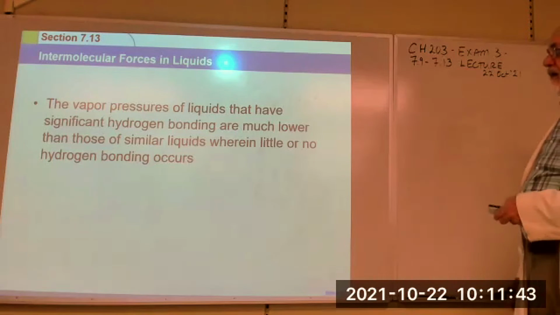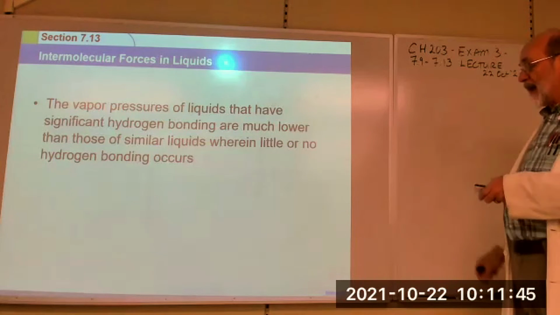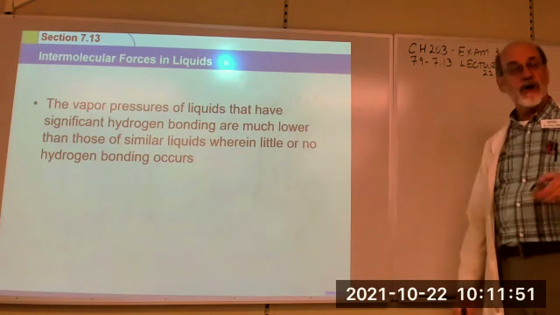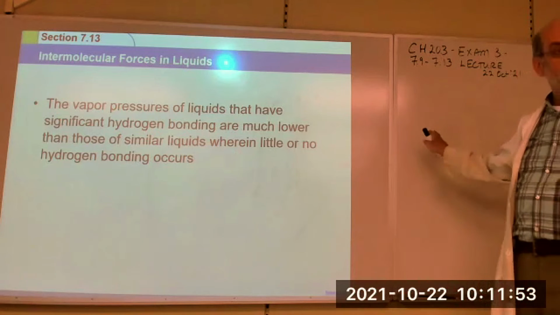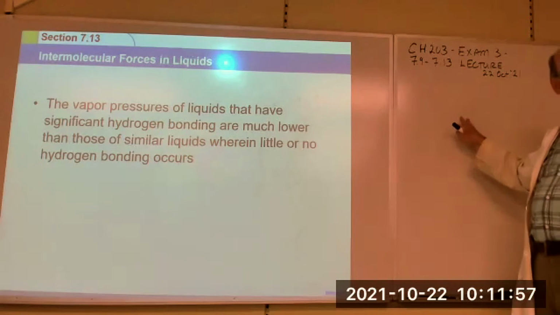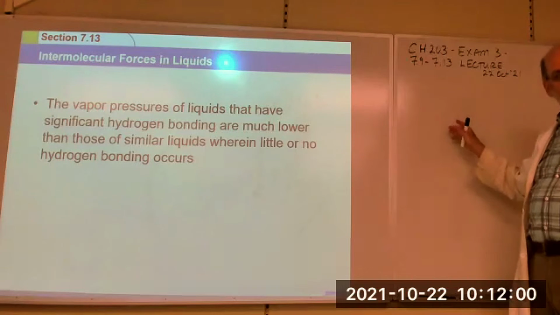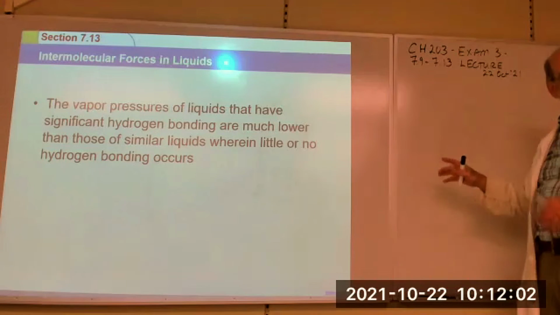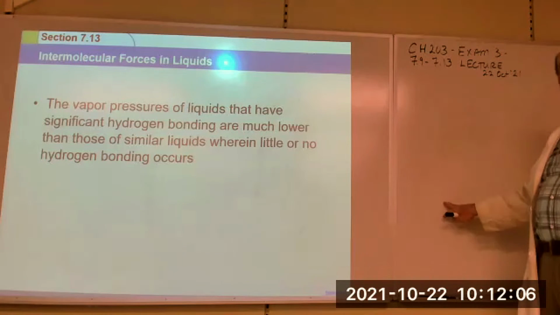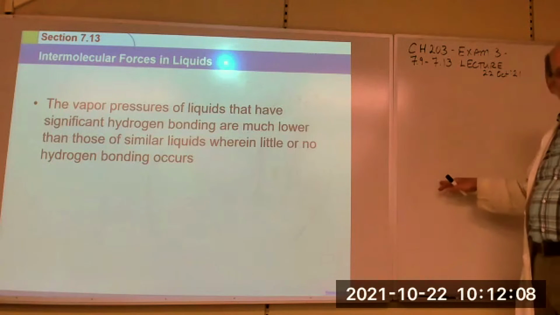Okay, so the vapor pressures of liquids that have significant hydrogen bonding are much lower than those of similar liquids where little or no hydrogen bonding occurs. And I showed you an example of that, where we had ethanol, and then the same molecular formula rearranged the atoms into dimethyl ether, changed the polarity of the molecule, right?